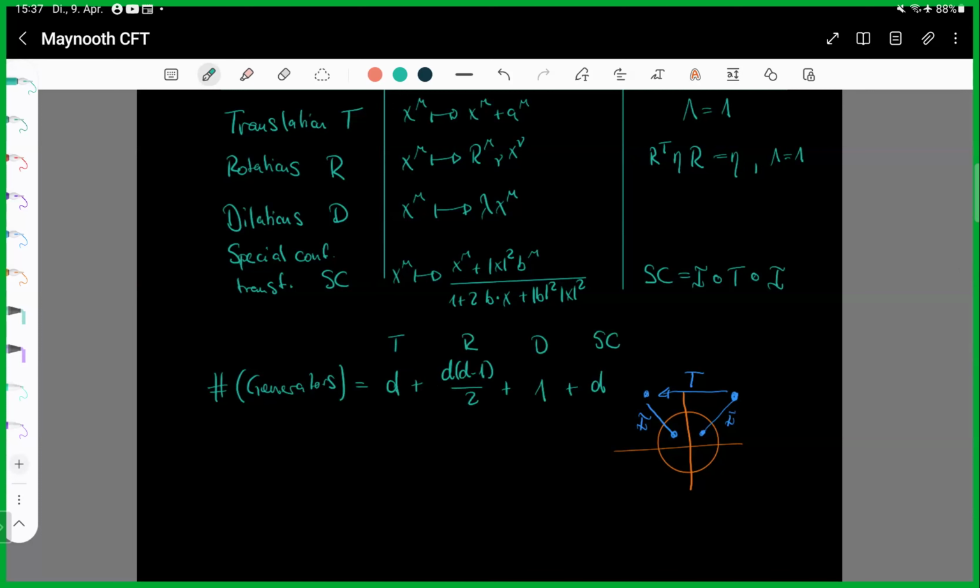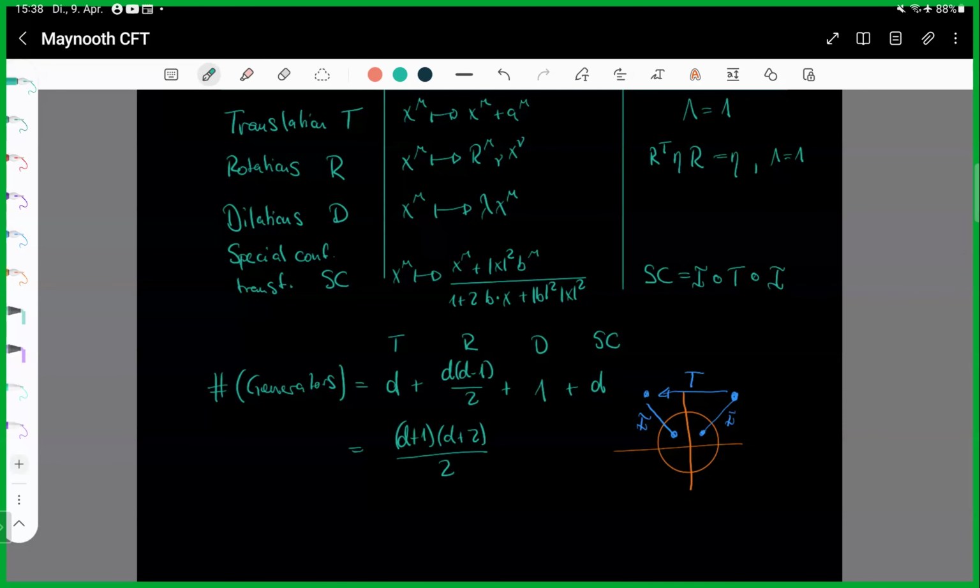So in total, we can do the calculation here, but let's just look it up. We have (d plus 1)(d plus 2) divided by 2 generators.